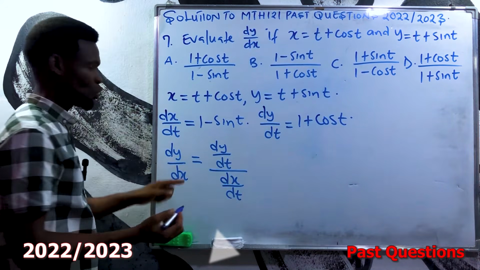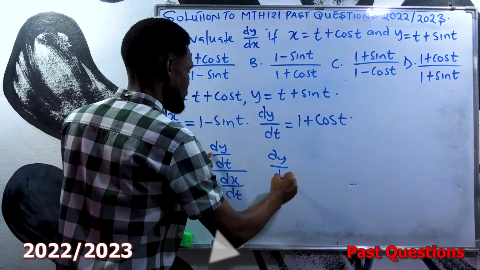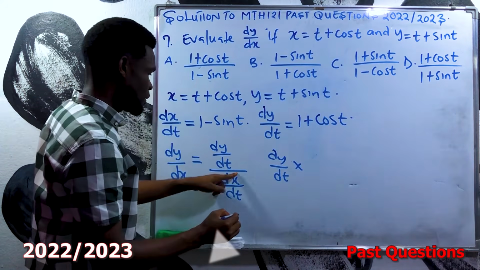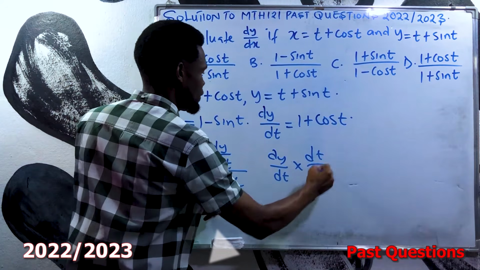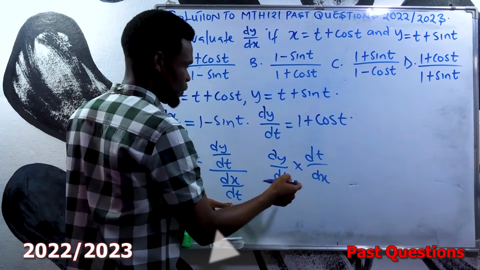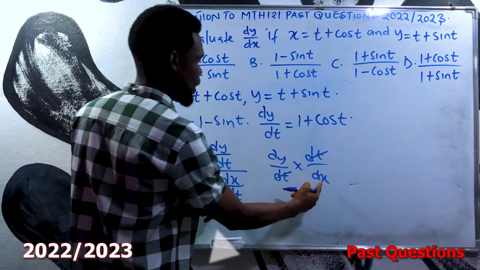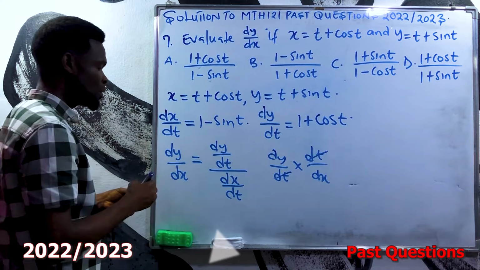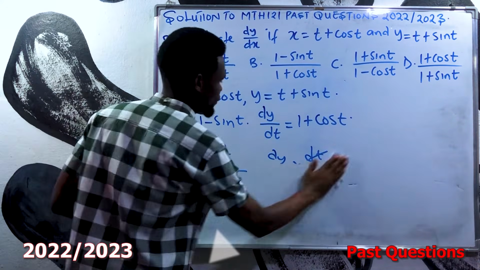Let's find out if that is true. That is dy dt times dt dx. The dt cancels, leaving dy dx. So this formula is correct.